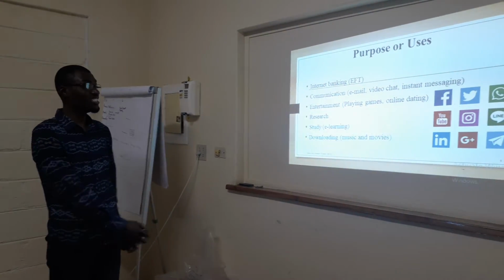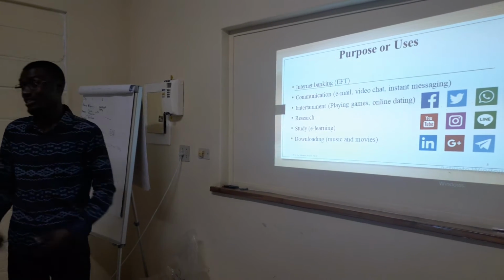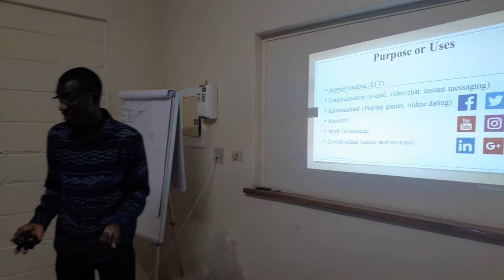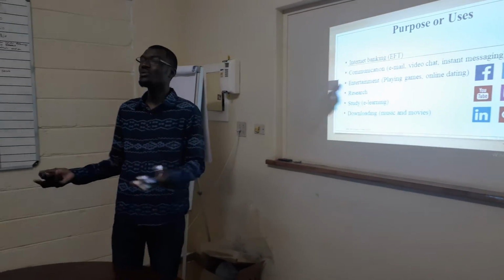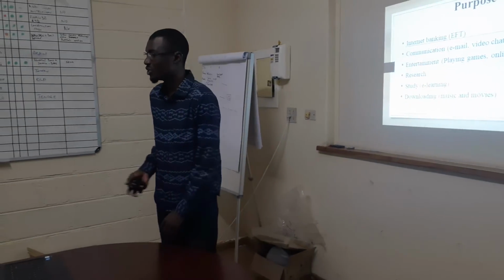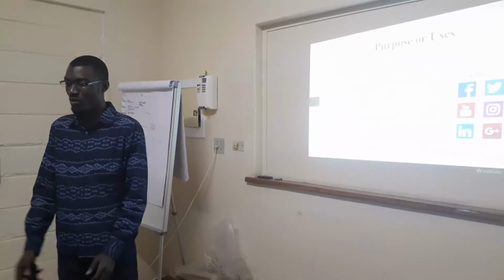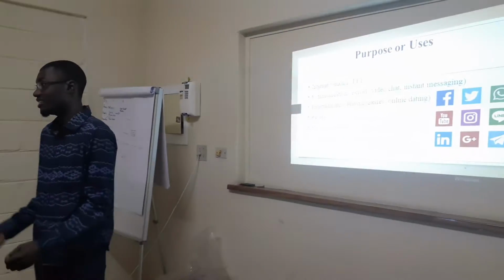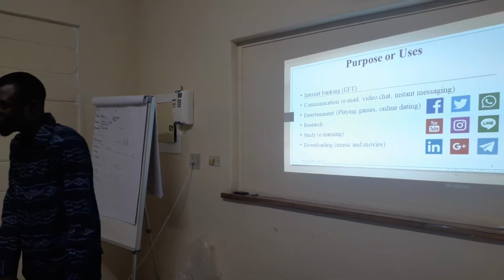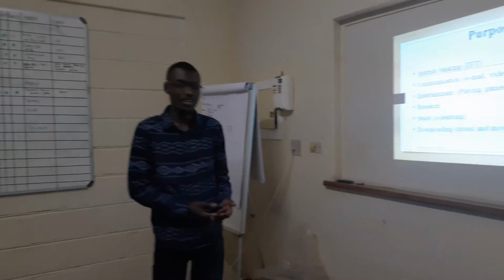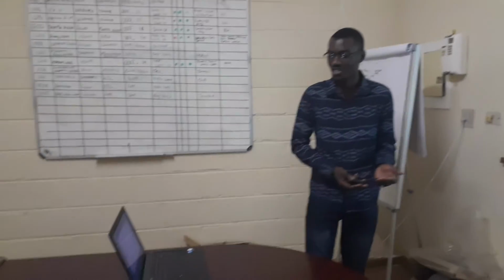You can also use internet to download your music or your movies. You don't have to go to the video shops to borrow movies. You can basically just sit at home, connect to internet, download your movies, and watch. As simple as that. Okay, so that is basically the use of the internet.